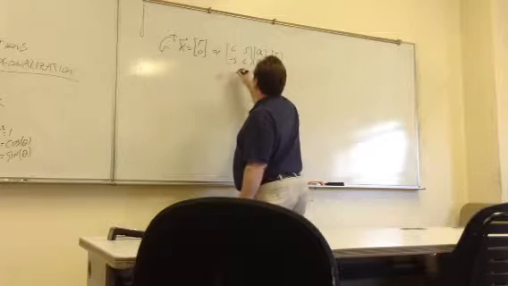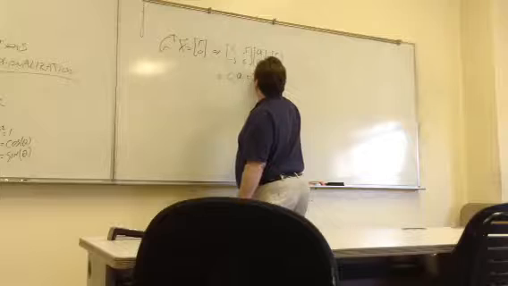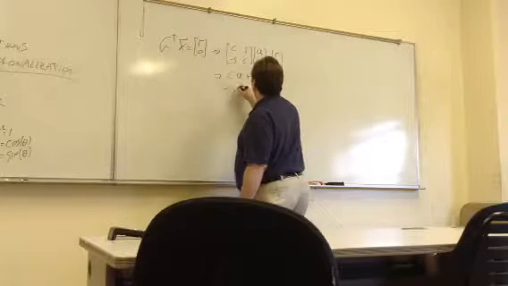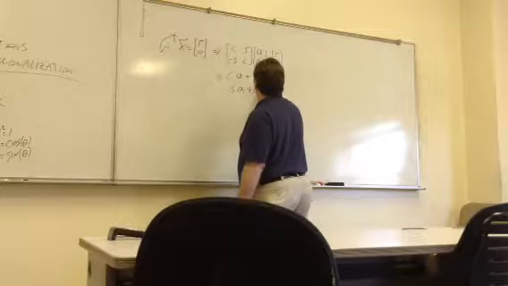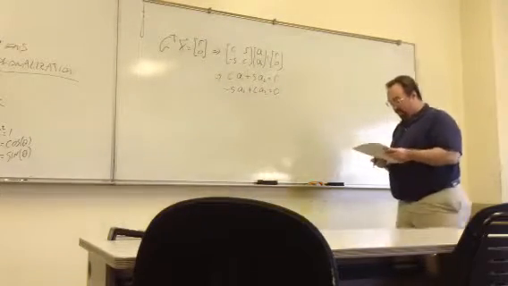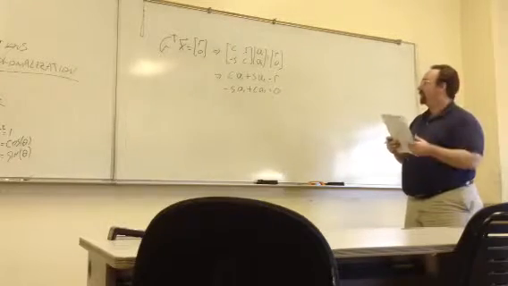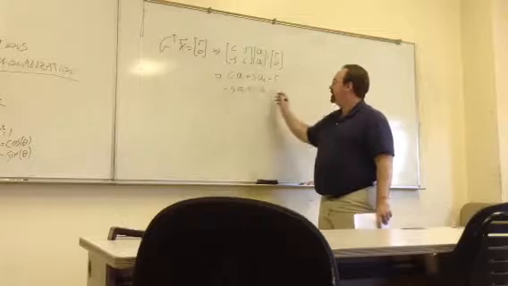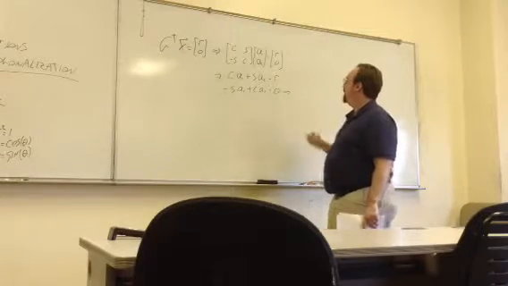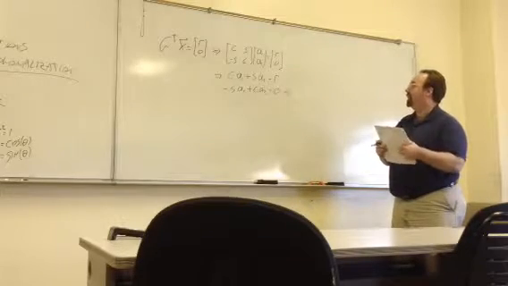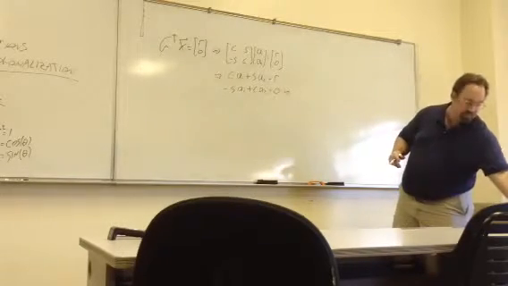So I get C A1 plus S A2 is equal to R, and then minus S A1 plus C A2 is equal to 0. From the second equation, there are actually two solutions.